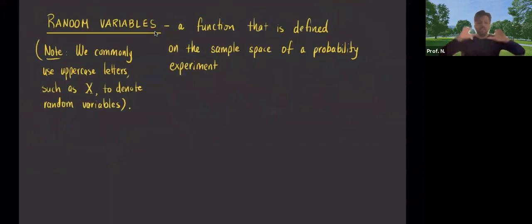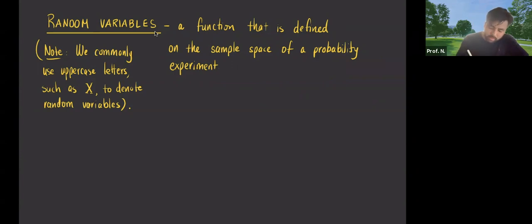Of course, this sounds very abstract, because how do you define a function on a sample space? We are accustomed to having a number, for example, as an input to a function, and we get a number out. But in this case, our function has an outcome of a sample space as the input, and the output is a number. So I'll write that down.